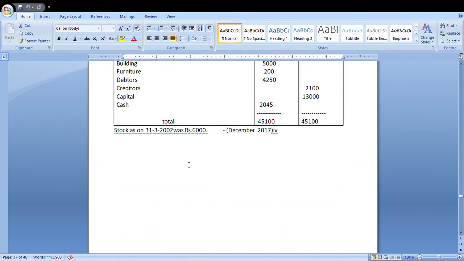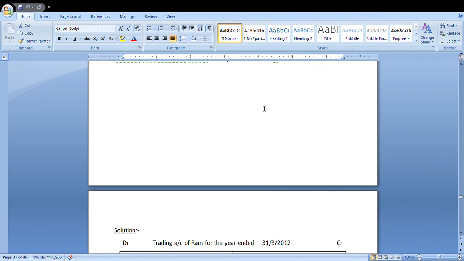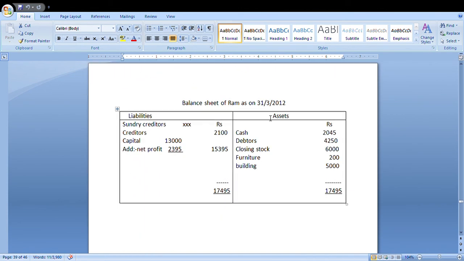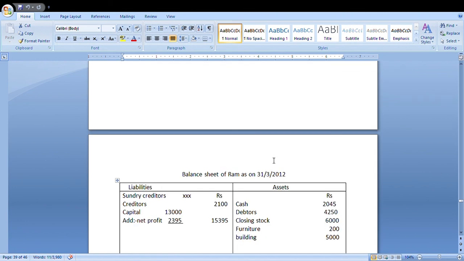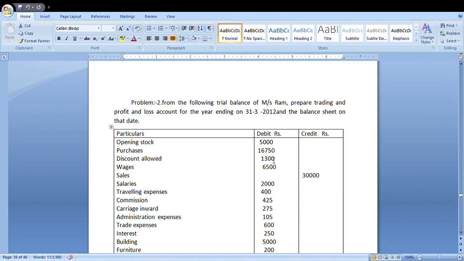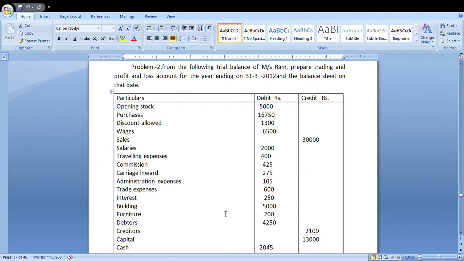Next, the last one is cash. Cash is an asset. It enters the balance sheet, asset side. Cash 2,045. Next, other items in this problem.